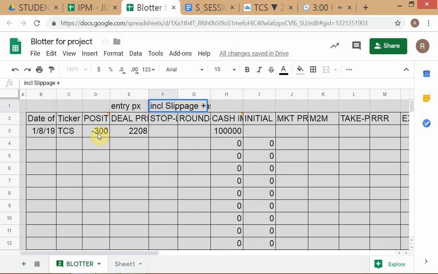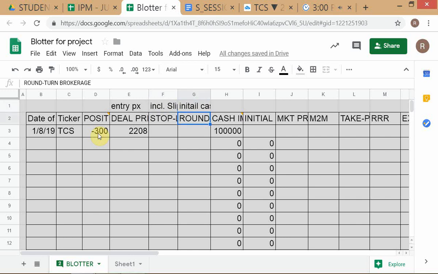Eventually when you project the maximum loss, you'll have to look at the slippage and the round turn brokerage. So the stop loss level can be put as including slippage only, not including brokerage, and then you add the brokerage because we've got a separate column for that.